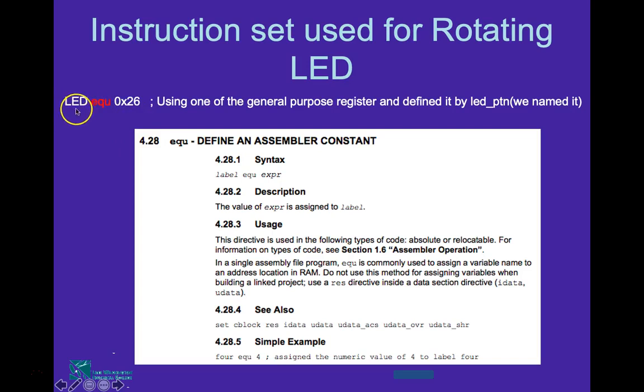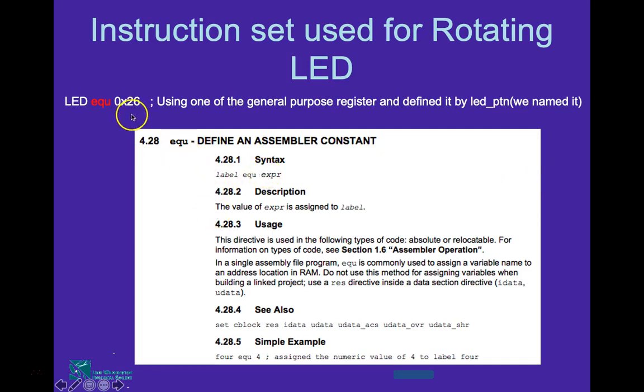The label for this general purpose register is LED. If you want to learn about how we can use the general purpose register, you can read this. EQU is an assembler constant, and it comes under the assembler directives, and you can basically use this to define a constant.